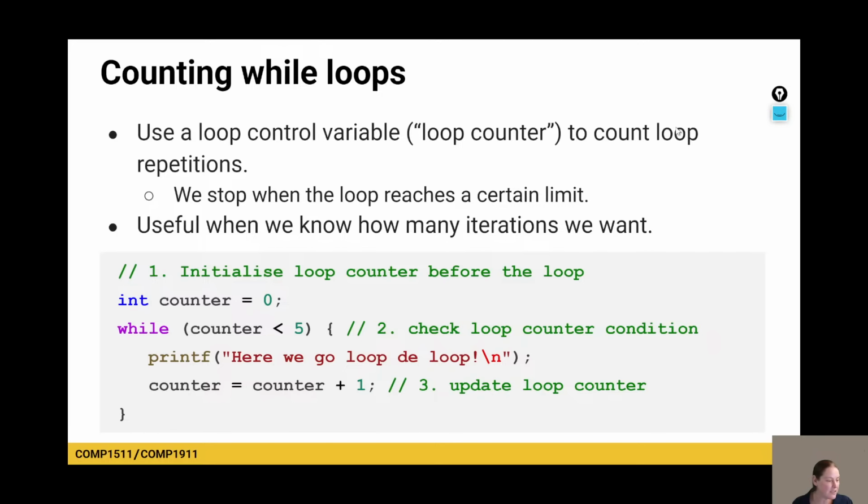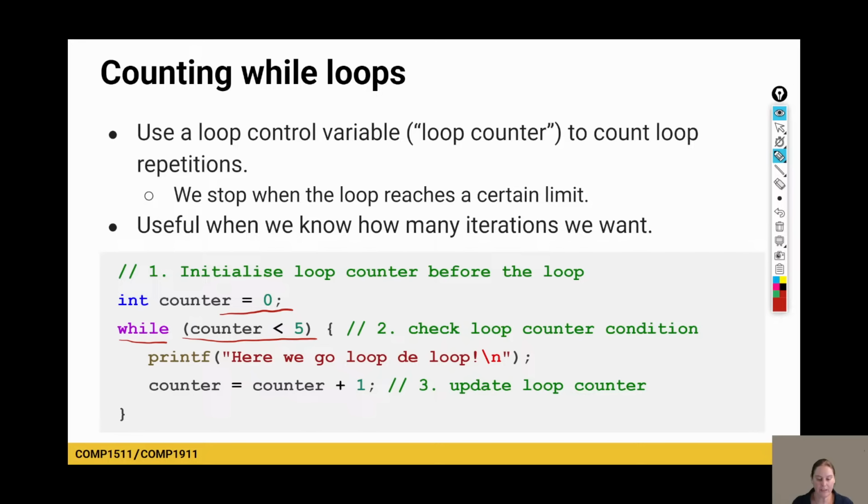So this is the simplest one, I think. You might not agree, but this is a classic counting while loop. We've got a counter here, and we initialize it before the loop, and we've set it to 0. In our while loop, we've got a condition that depends upon this counter.